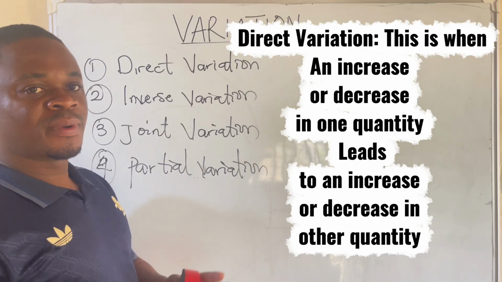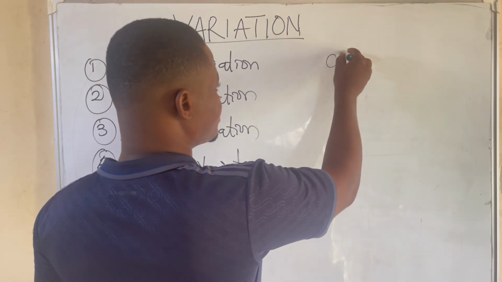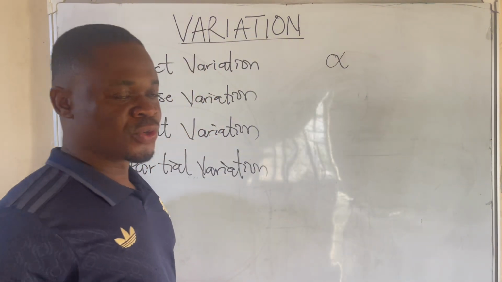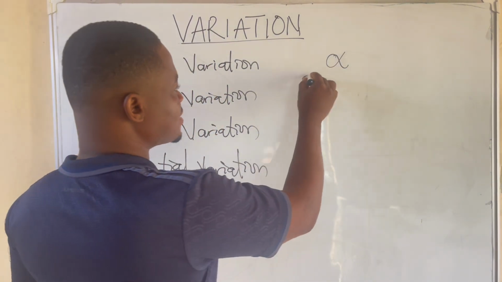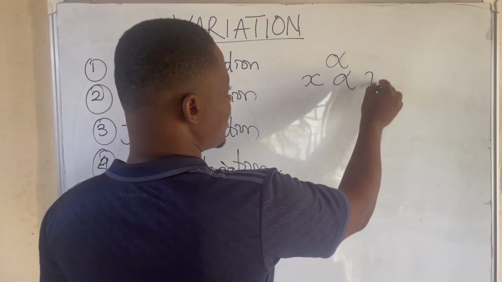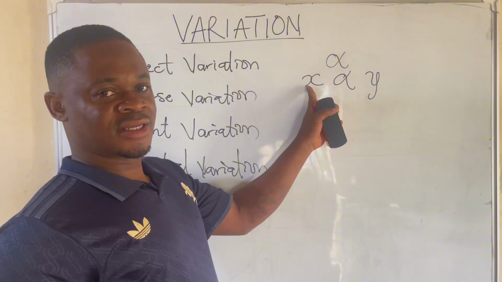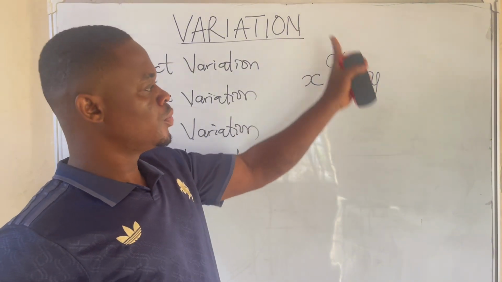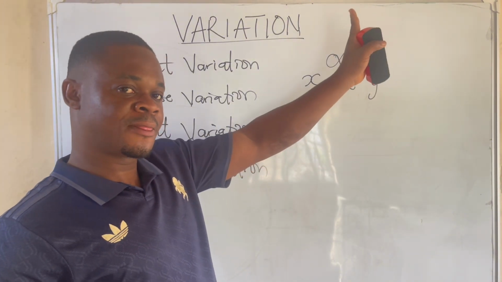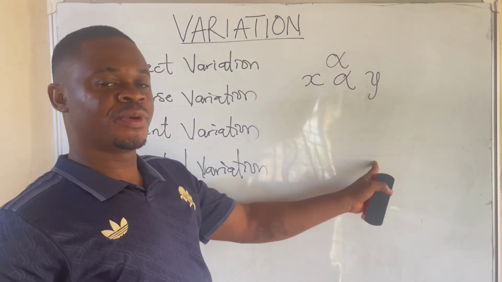And in solving problems involving variation, we use this symbol. So if we say that x varies directly proportional to y, what it means is that as x is increasing, y will be increasing. If x is reducing, y will also be reducing.